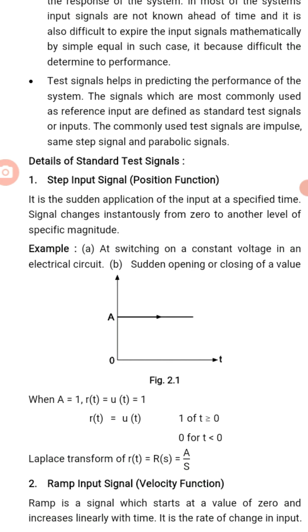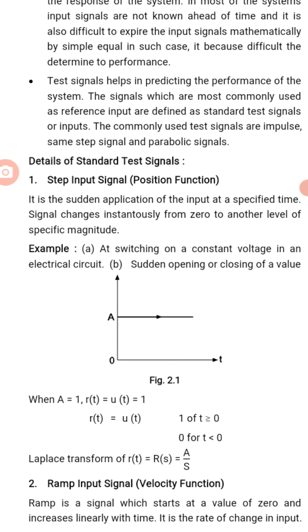As shown in figure 2.1, we know that standard test signal is a DC signal which is having amplitude A. If A is equal to 1, then it is a DC signal having amplitude 1. Now everybody knows that frequency of DC signal is 0.